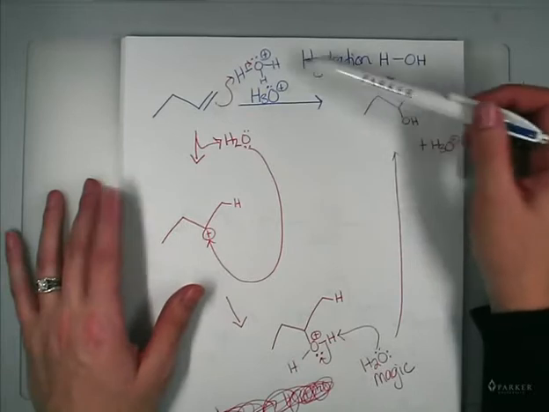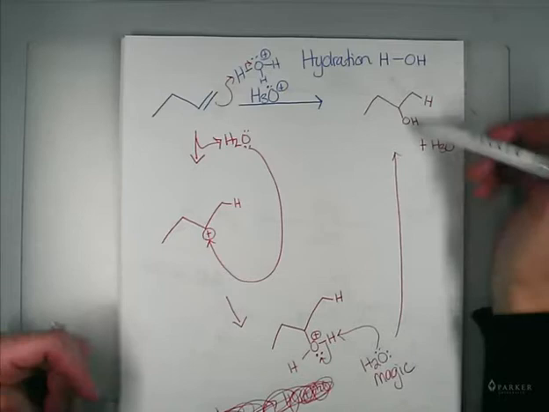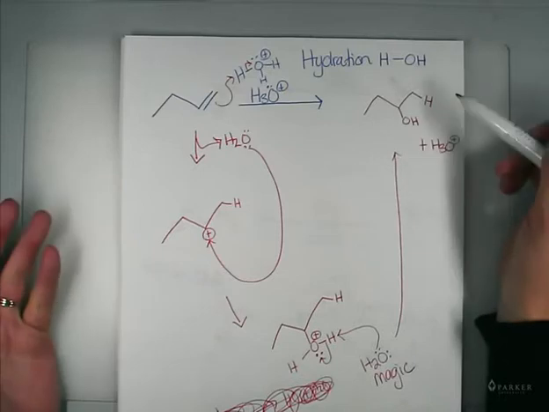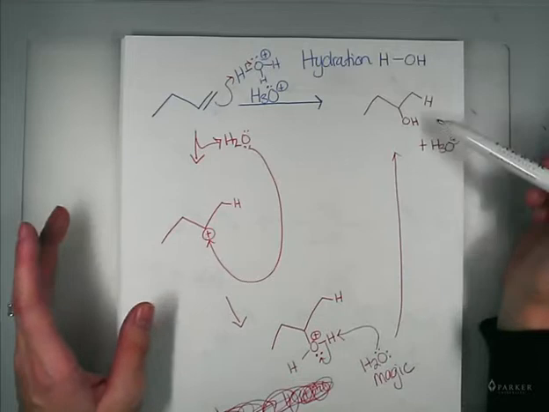You just put acidic water in your reaction with your double bond and heat it up, and it'll add that. The only problem is you get rearrangements. So it's cheap, easy, but with possible rearrangements. So they have another way to do this reaction, so you don't have to worry about rearrangements. It's a lot more predictable.